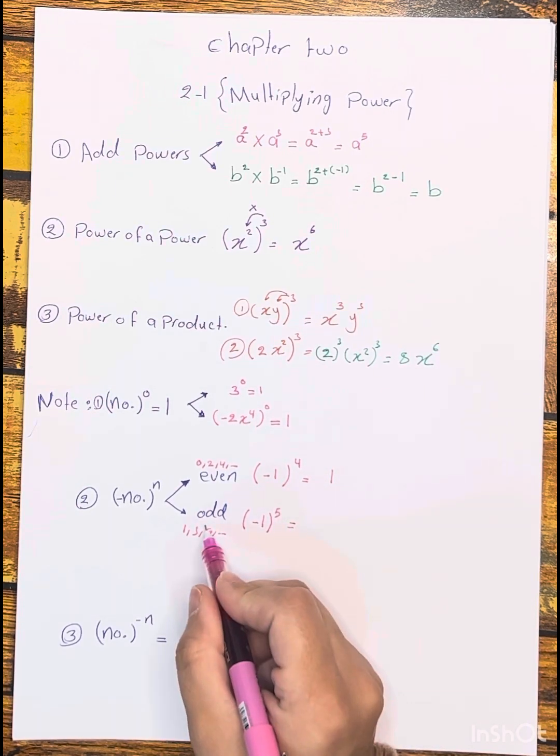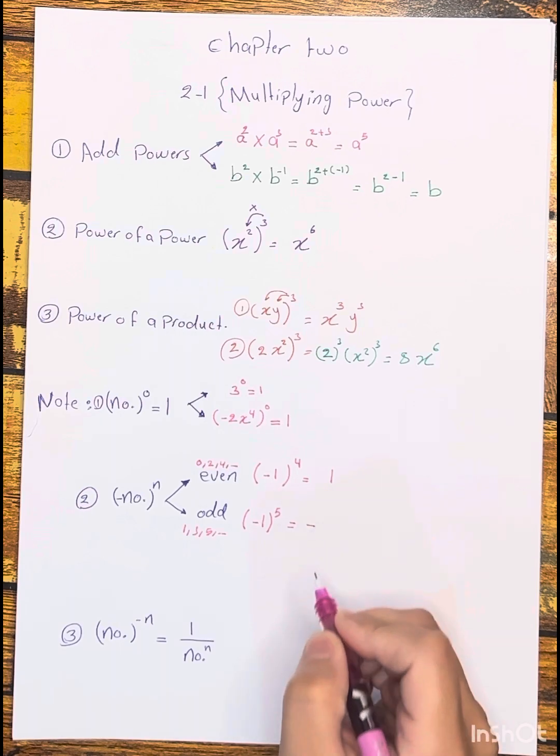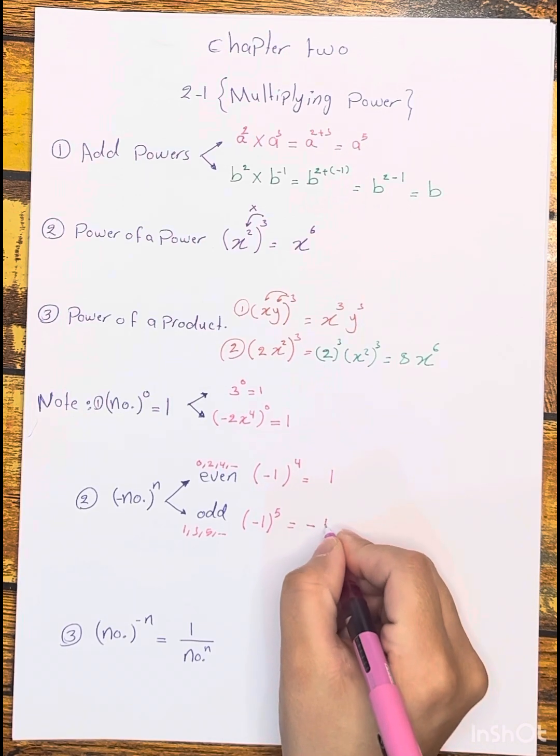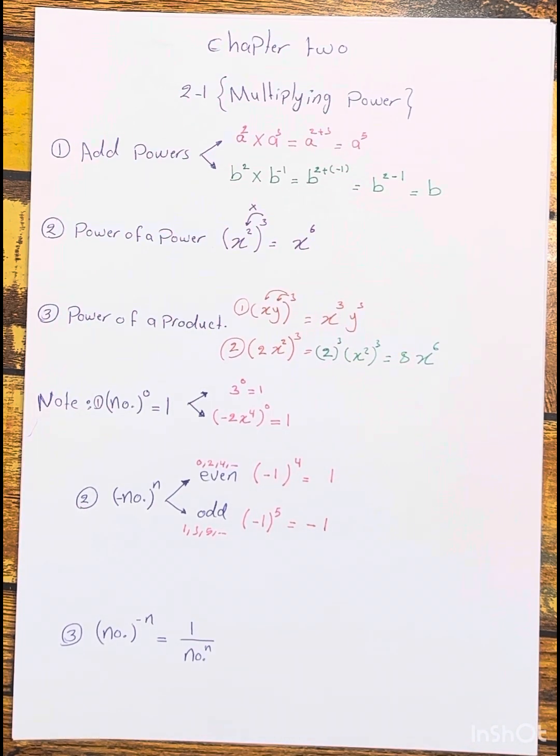Because 5 is odd, I will write the negative as it is, and 1 to the power of 5 means we need to multiply 1 by itself 5 times, so also will be 1. So an even power can cancel a negative sign. For an odd power, we need to rewrite the negative sign as it is.